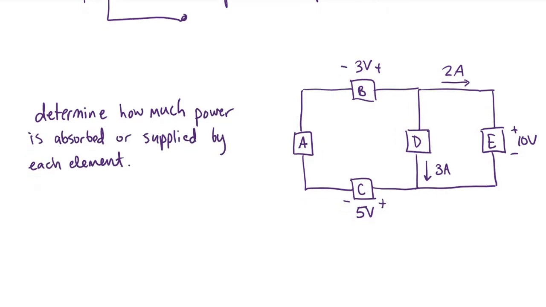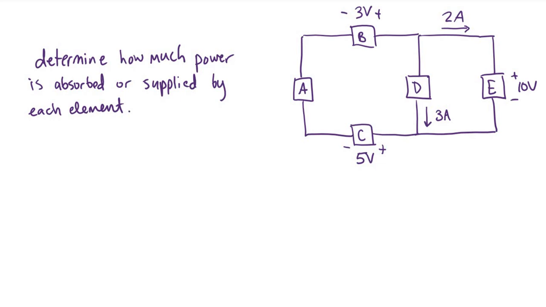All right. So the first thing I'm going to do here, I'm noticing that I have 2 known currents, and that leaves me with 1 unknown current. So if you'll notice, we have current in this branch is equal to 2 amps. We have current in our middle branch that's equal to 3 amps.